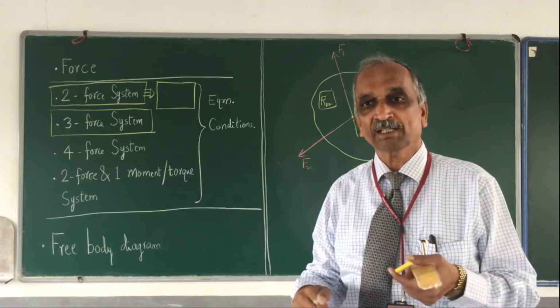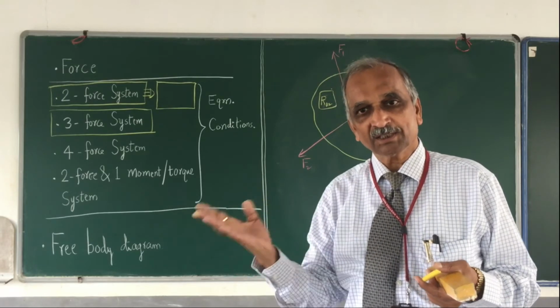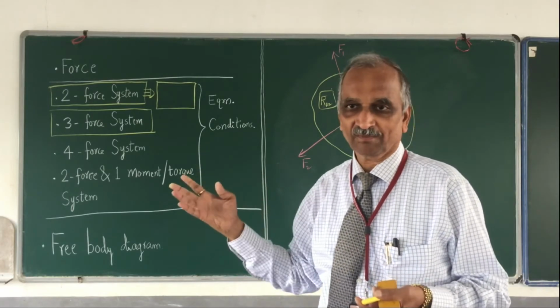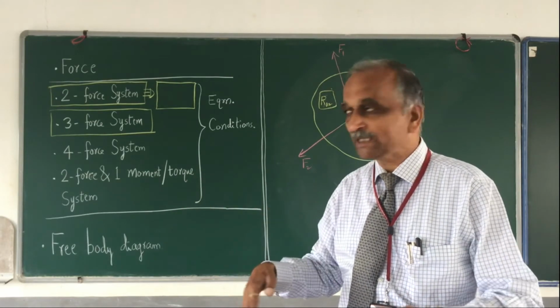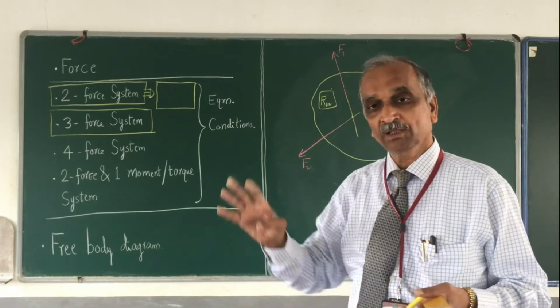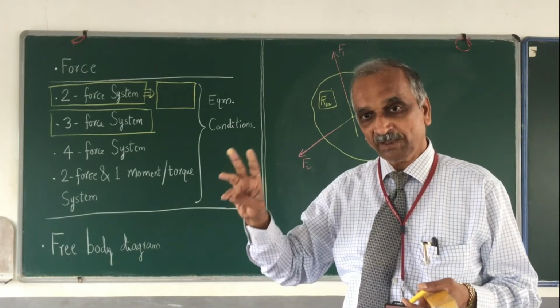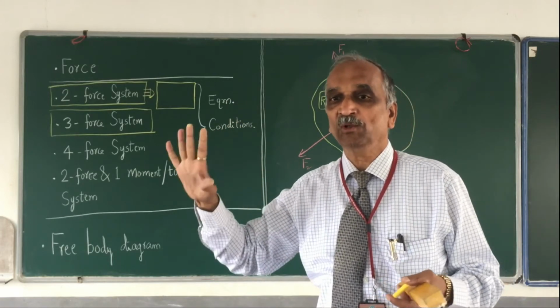Now how many forces are there? One is R12, and what is the other one? The other one is F3. Now it is subjected to R12 and F3. It has become a two-force system. What is the condition of equilibrium? The two forces must be equal, opposite and collinear.